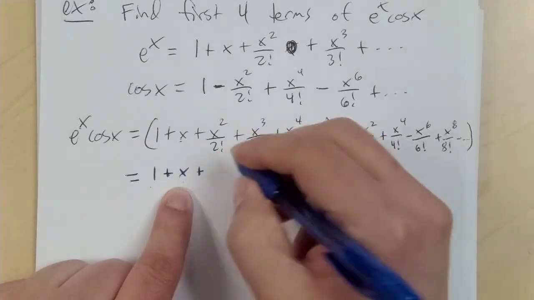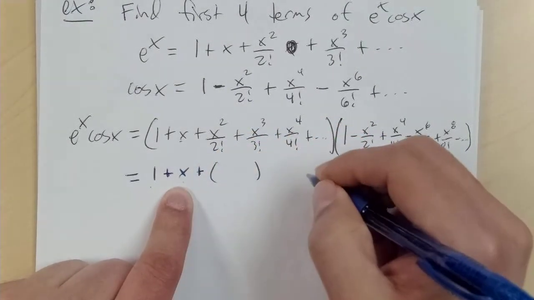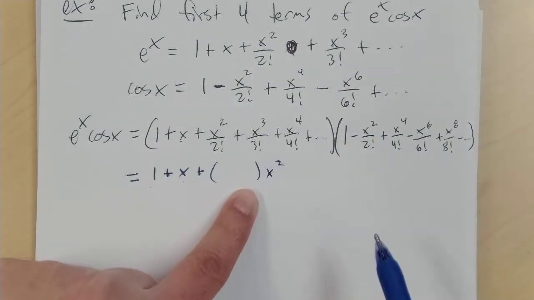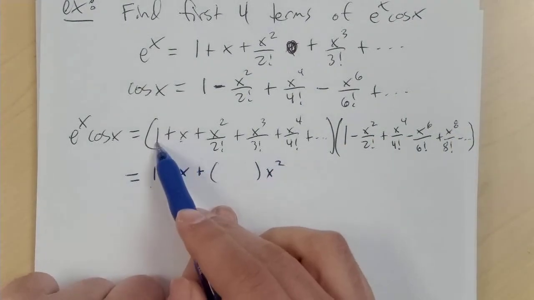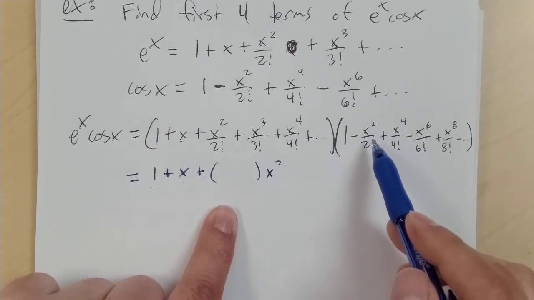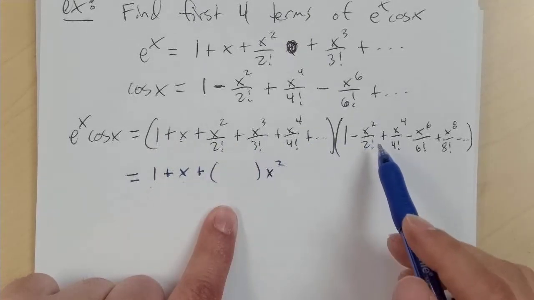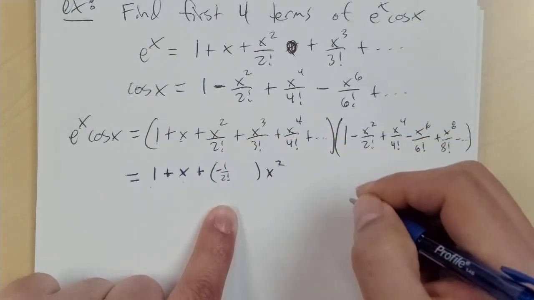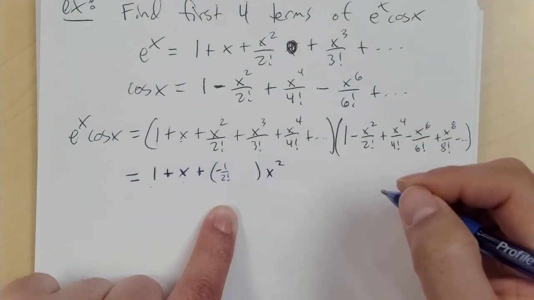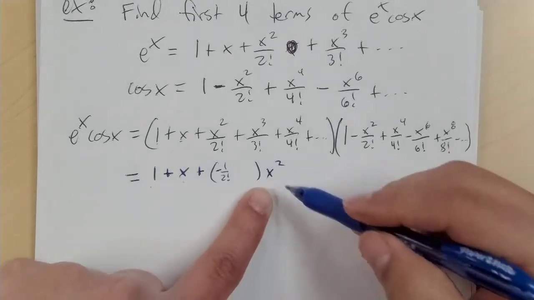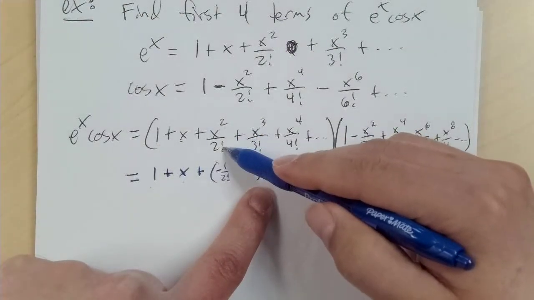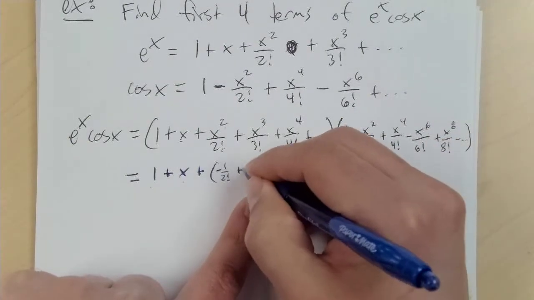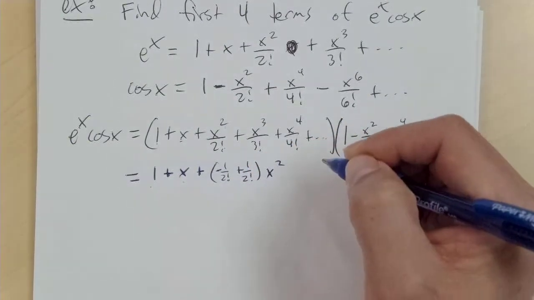I'm just going to selectively multiply what I need to create my constants, my linears, my quadratics, and my cubics. Okay? So I know I have a 1, I know I have an x. Let's take a look at my x squared stuff. Where would I get x squared from? Well, I get x squared when I multiply 1 with negative x squared over 2 factorial. So negative 1 over 2 factorial. And I'm also going to get x squared when I multiply x squared over 2 factorial with this one. And so the coefficient there would just be 1 over 2 factorial.